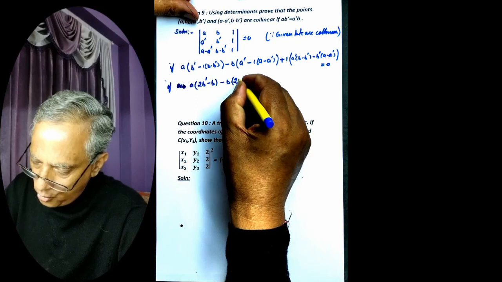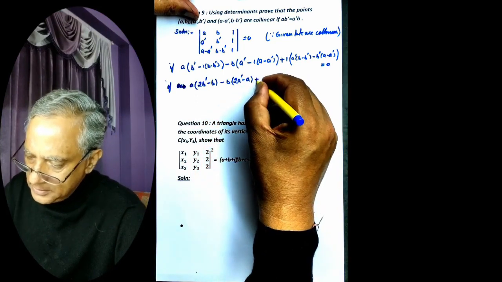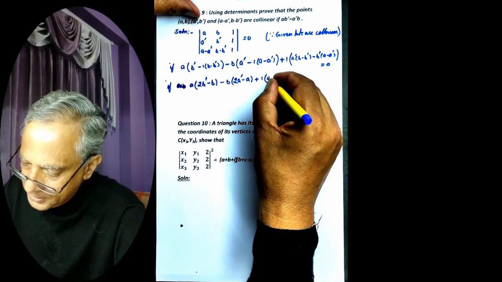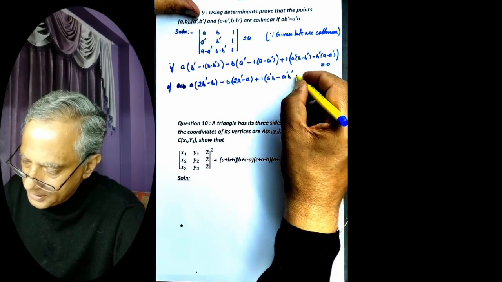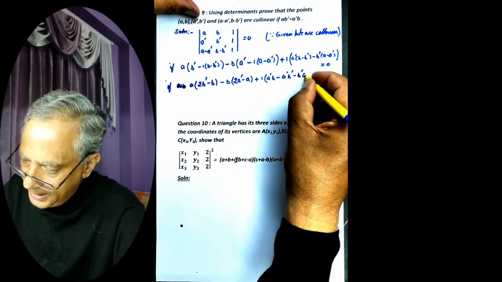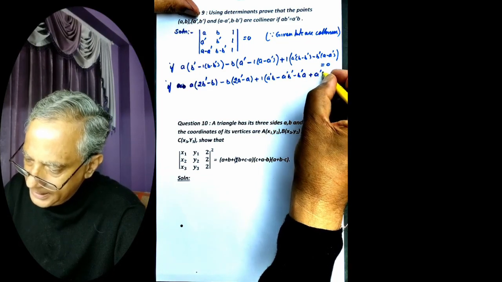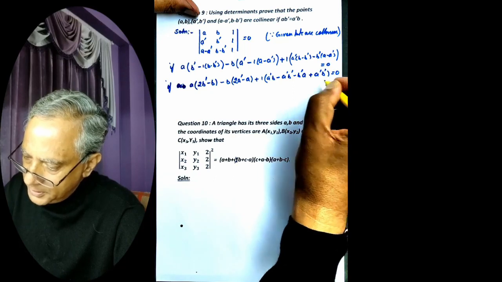So this will be 2A dash minus A plus 1 into, this will be A dash B minus A dash B dash minus B dash A minus plus A dash B dash. So this must be 0.